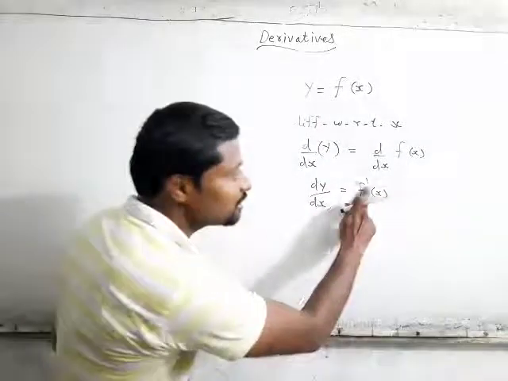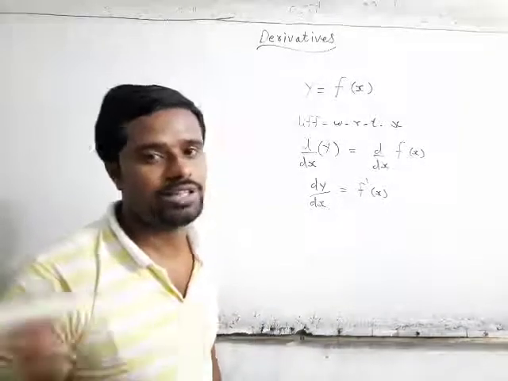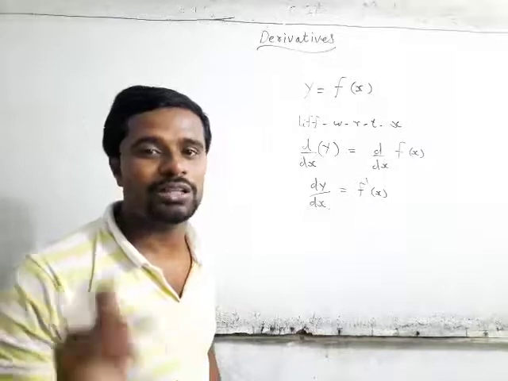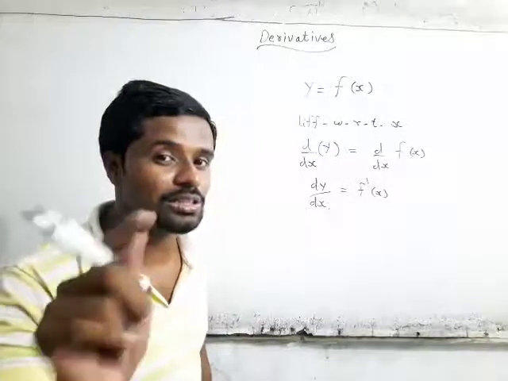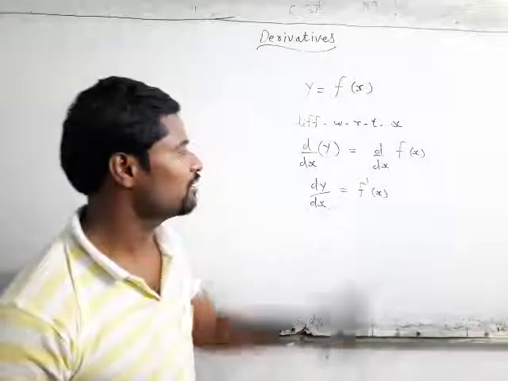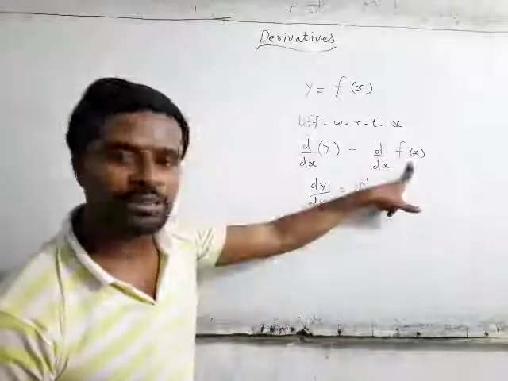What is this dash? Dash means we have obtained the derivative. Now f we cannot change to g, h or z. We cannot change the notation of f. But something we have to give as a mark. It shows that the derivative is obtained. So we give a dash. It means the derivative is obtained. So derivative of y, dy by dx. Derivative of f of x, f dash x.